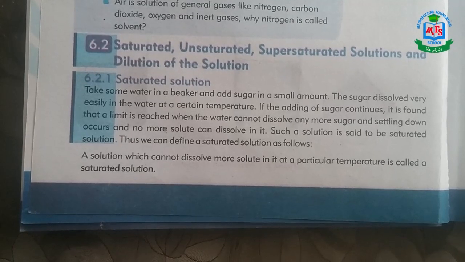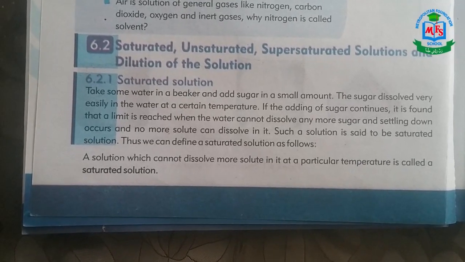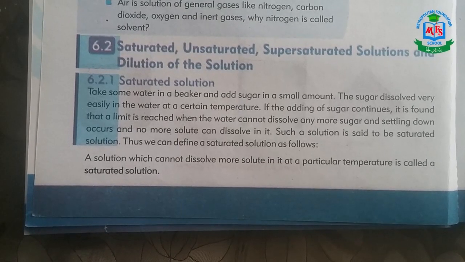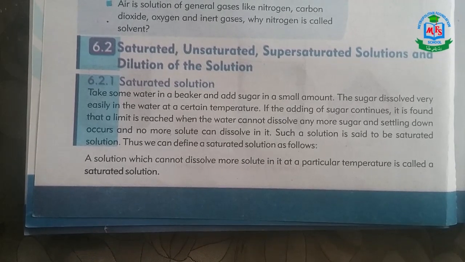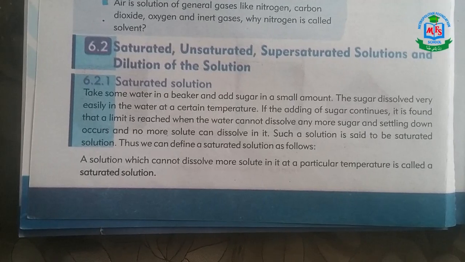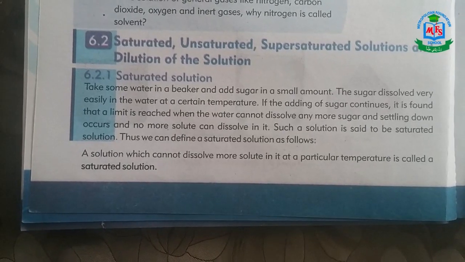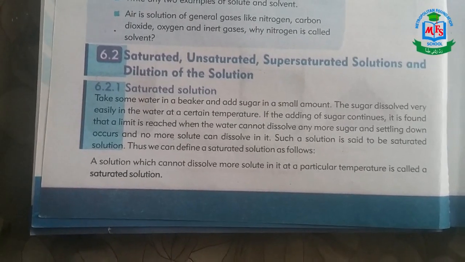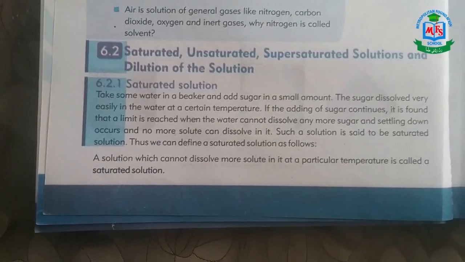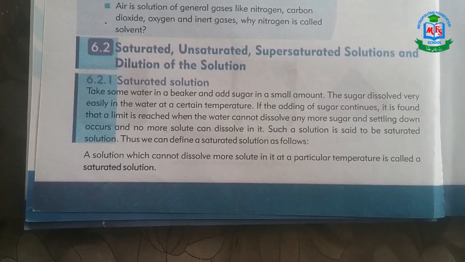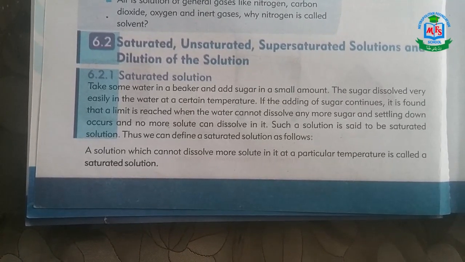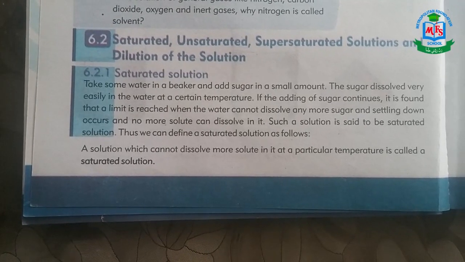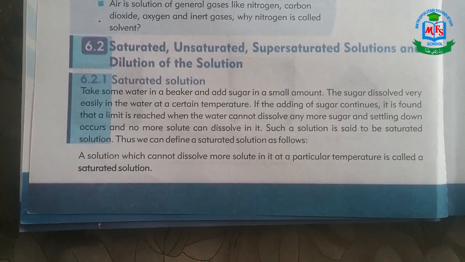If the maximum amount of solute is present in a given solvent, such a solution is called saturated solution. If the maximum amount of solute dissolves in a solvent, this solution is called saturated solution.